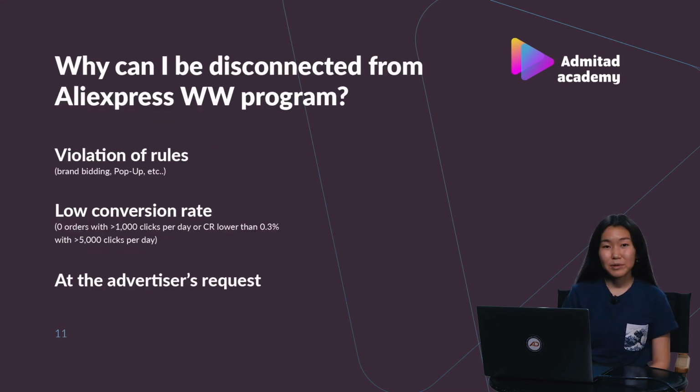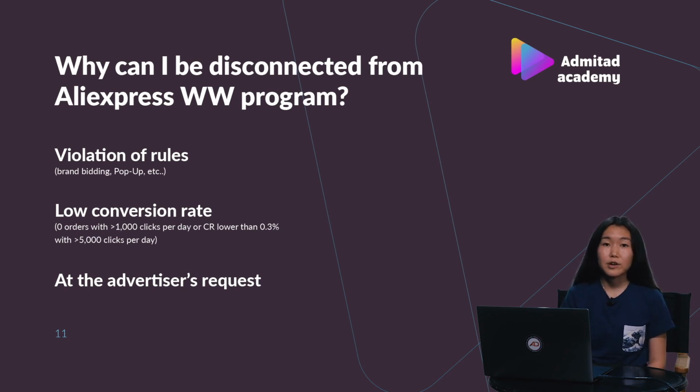What do you need to keep in mind to have a long and successful cooperation with AliExpress program? First of all, do not violate program rules. Do not use forbidden traffic types, such as brand bidding, pop-up, pop-under, etc. Do not let your conversion rate be too low. What do we consider low conversion rate?